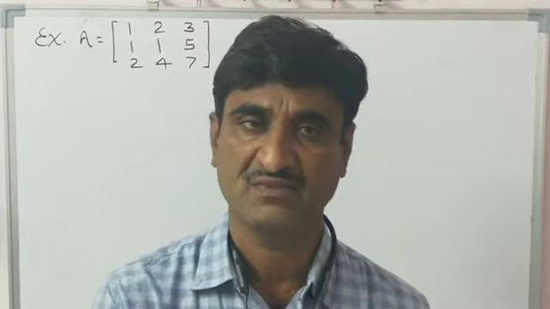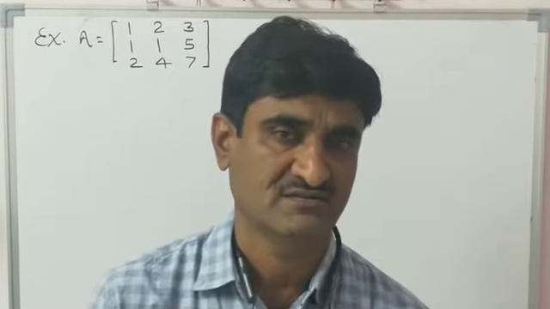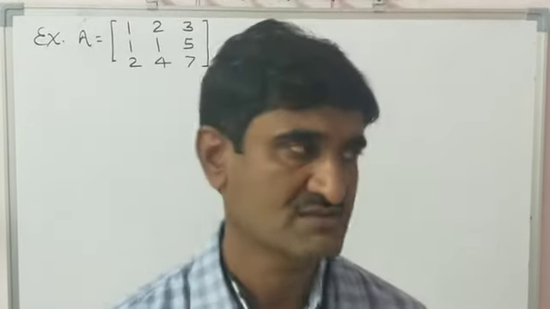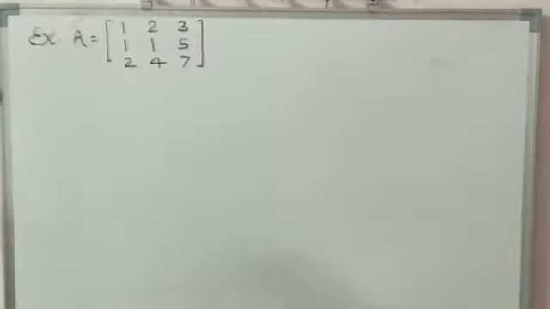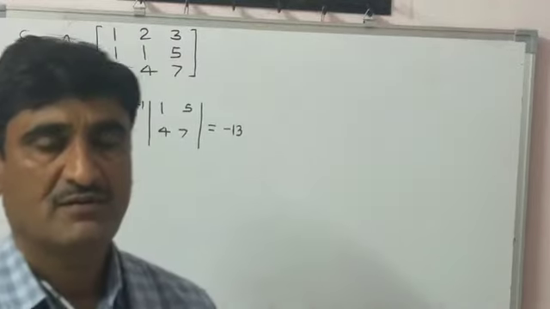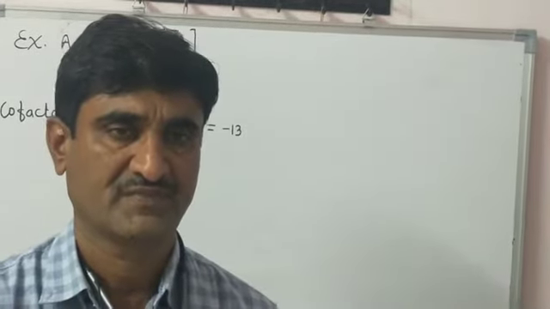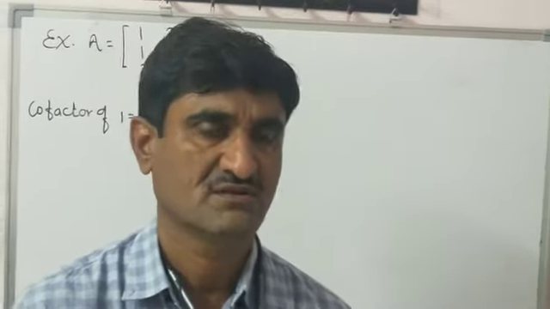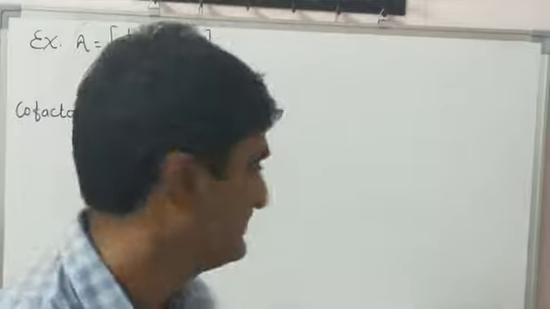In one example, we can easily understand how to find the inverse by the adjoint method. In this example, find the minors first, then cofactors, adjoint, and then inverse.